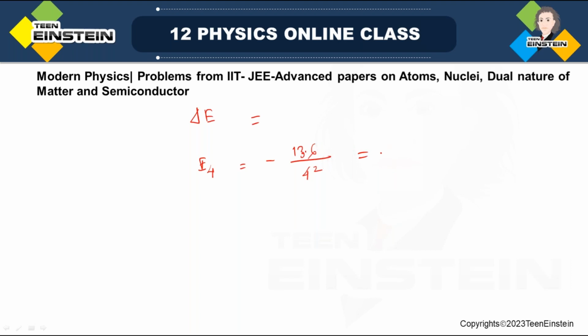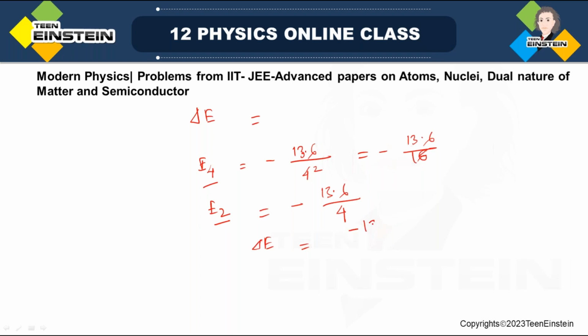All right, so let us write this, 16, and E2 is minus 13.6 by 2 square, this is 4. Okay, so what is the change in the energy? This is initial, this is final energy. Let us take the difference.